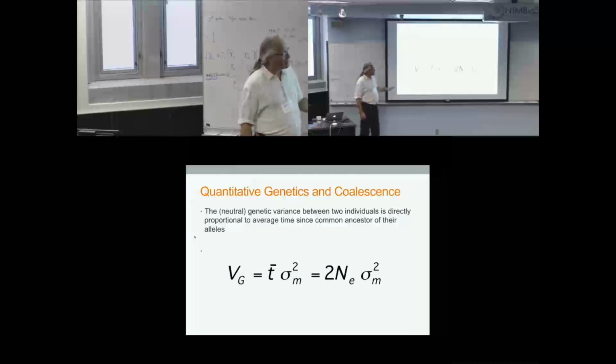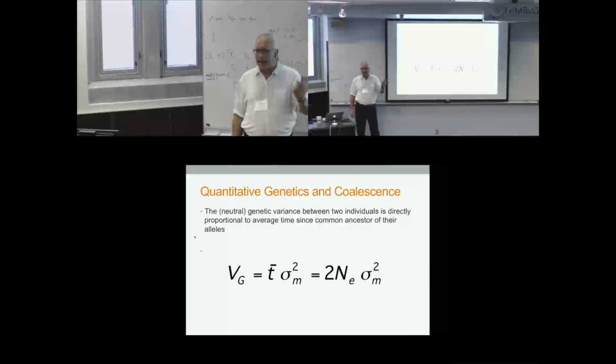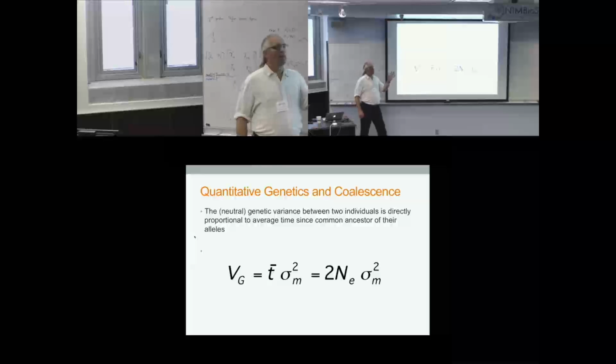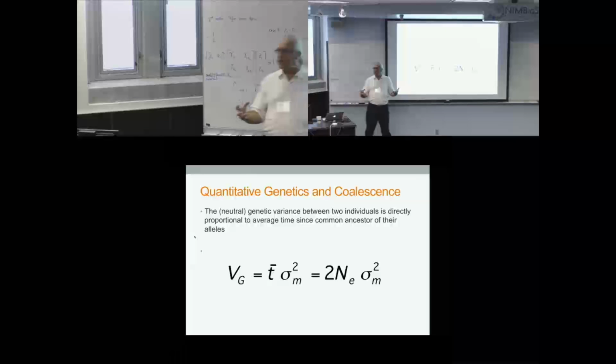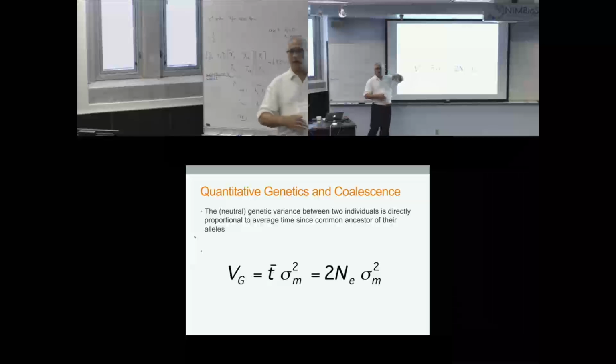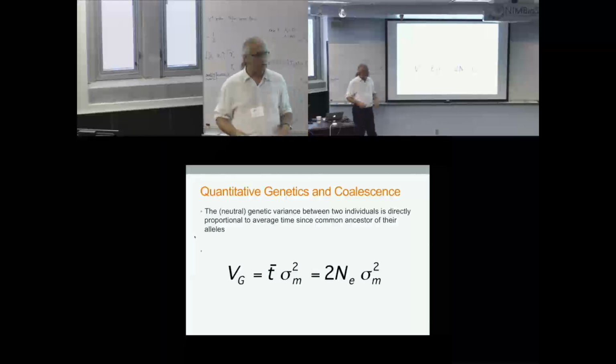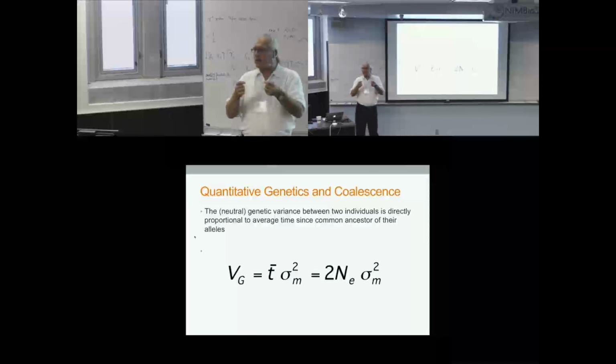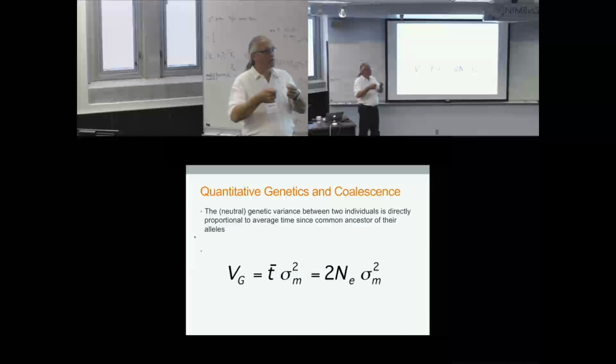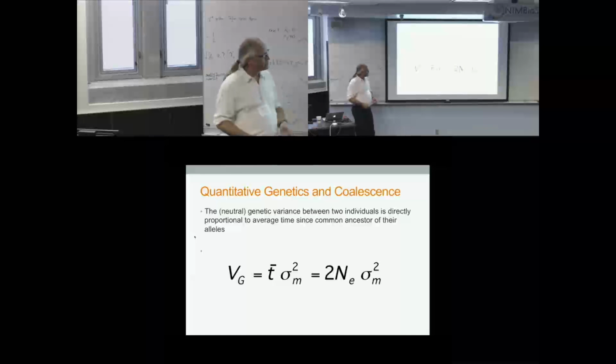Now, this does not have most of the cool properties of coalescent trees, where we can understand the full distribution of what we might expect to see about the differences between individuals. But it's a good predictor of the amount of genetic variance on average in the population for a particular trait.